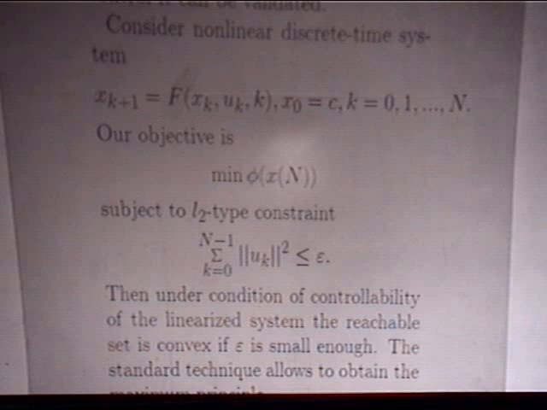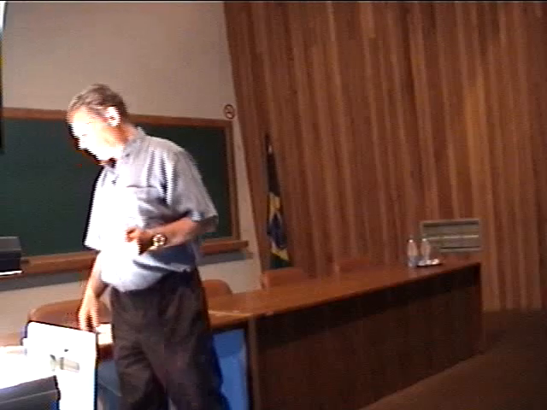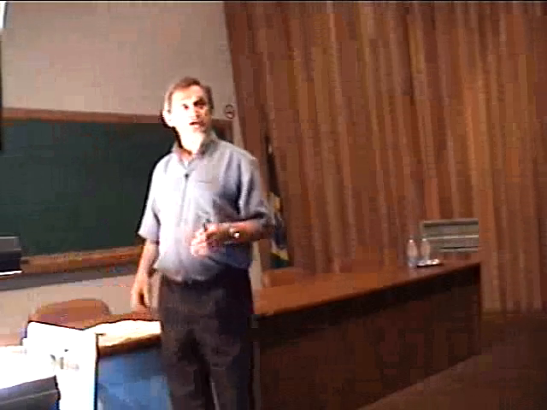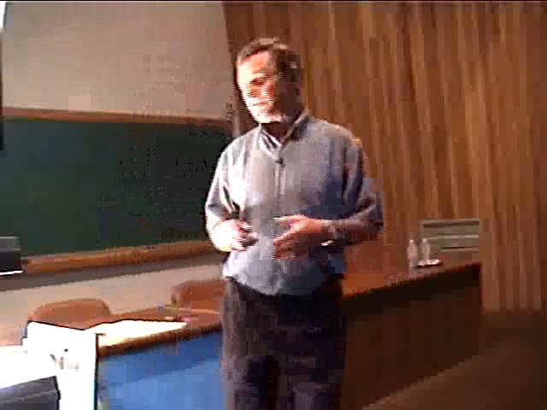Then again we can apply our convexity principle for this case, and we can state that for epsilon small enough, the reachable set is convex, and so on. So for this particular class of optimal control problems, everything is very nice. It's the same as for linear systems.